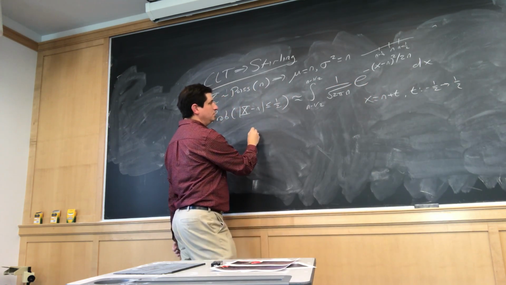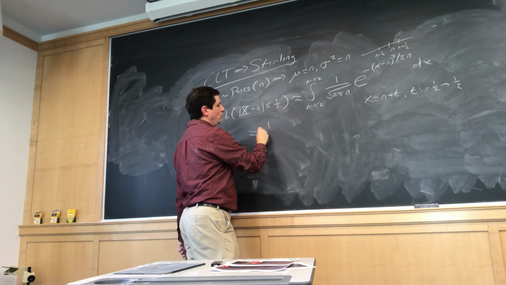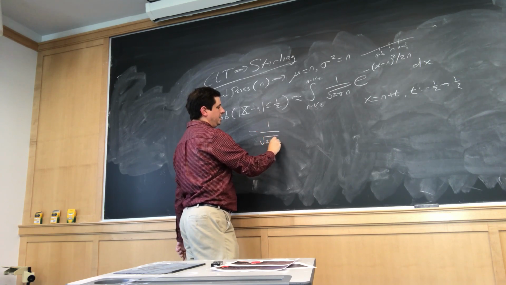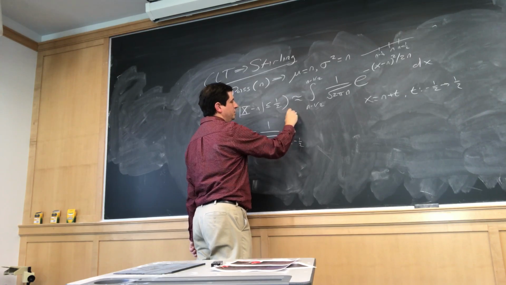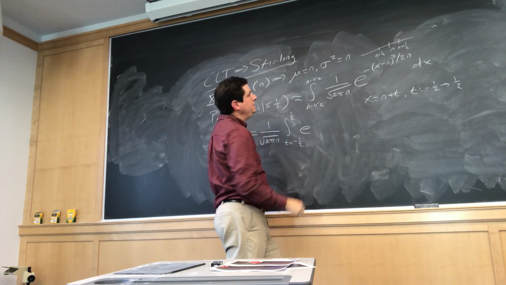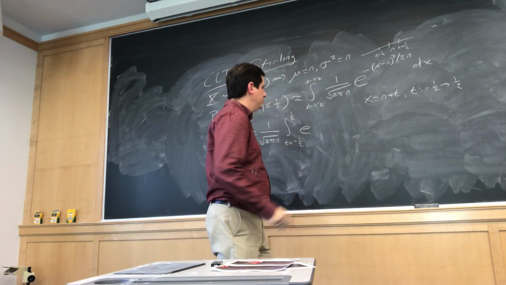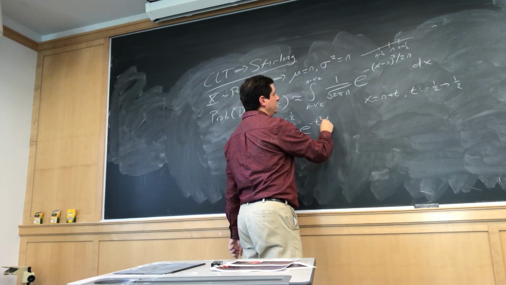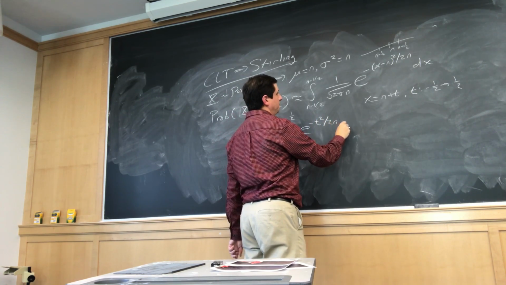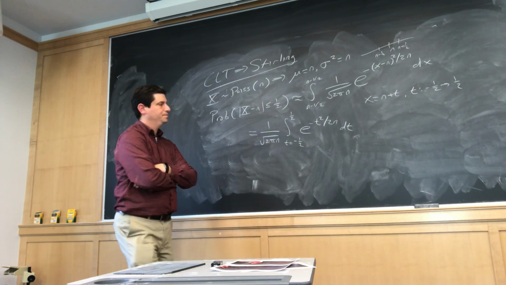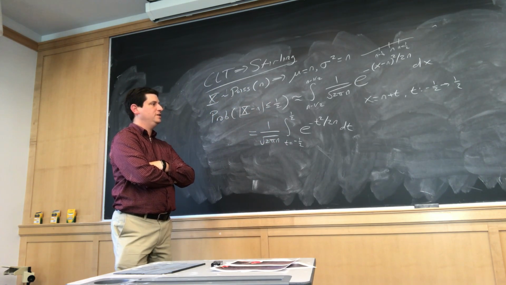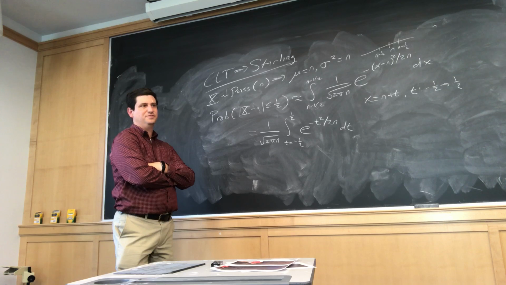So this integral is basically 1 over square root of 2 pi n, which I can take out, times the integral, t from minus 1/2 to 1/2, of e to the t minus n... okay, that's just e to the minus t squared over 2n, dt. And n is really large. What can you tell me about this integrand?